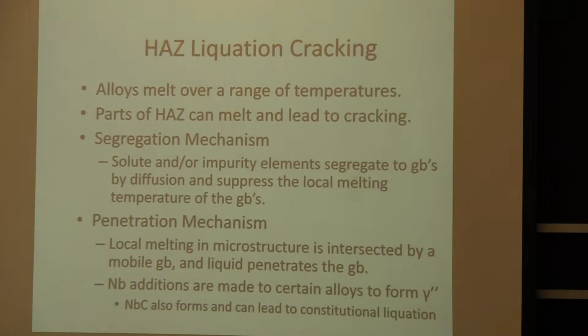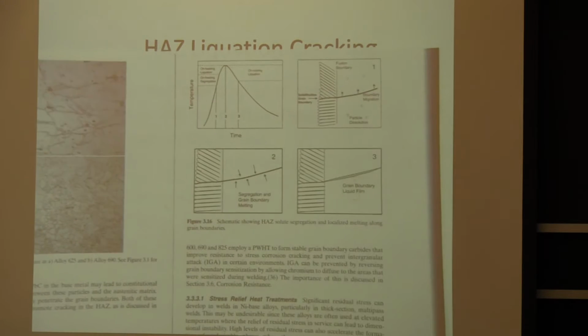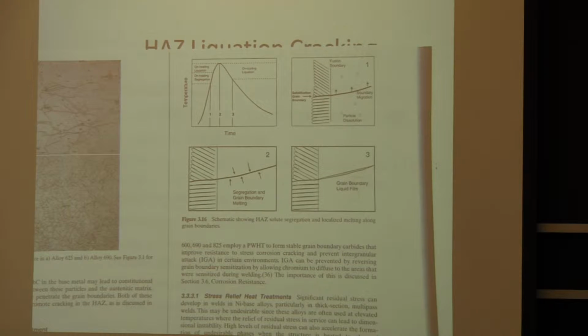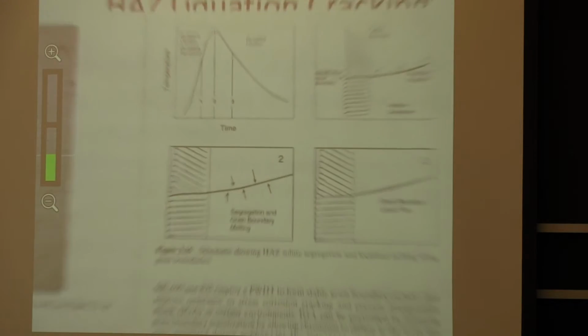The gamma double prime alloys that are strengthened by niobium carbides can have that form of heat-affected zone liquation. So what I just tried to explain in words, I'll show you a picture of, and maybe it can be a little more clear.